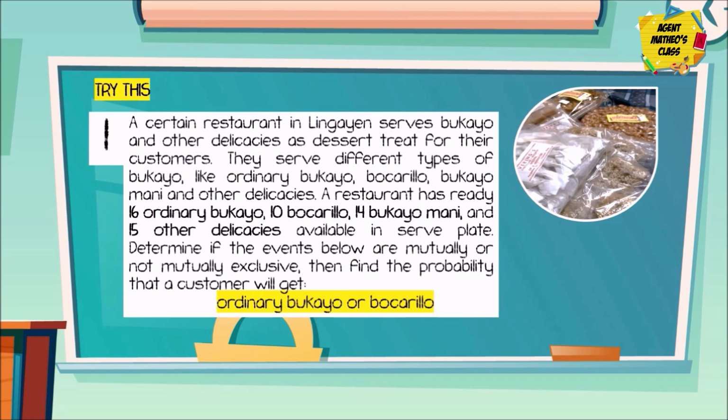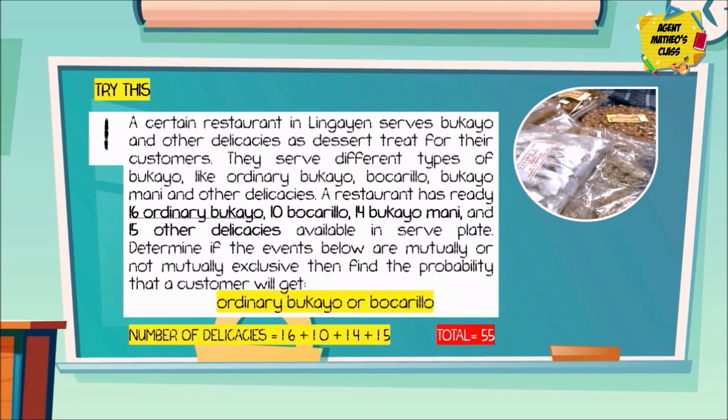Determine if the events below are mutually or not mutually exclusive, then find the probability that a customer will get ordinary bukayo or bukarilyo. You may pause this video and try to perform this kind of problem. To solve this problem, the sample space is 55. That's the total of all the different bukayo and other delicacies.